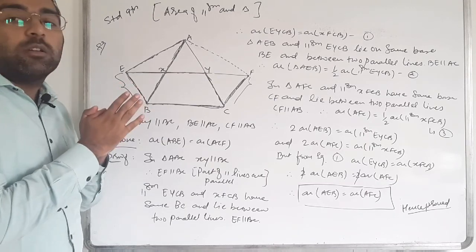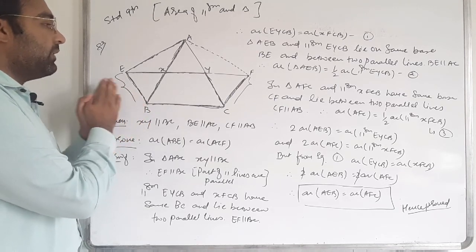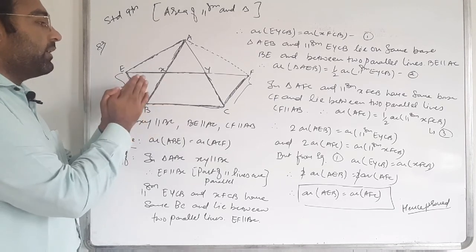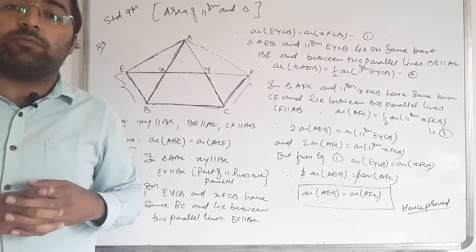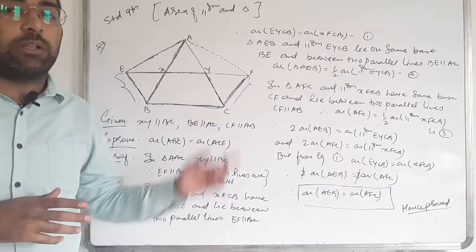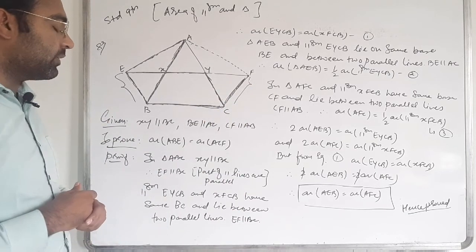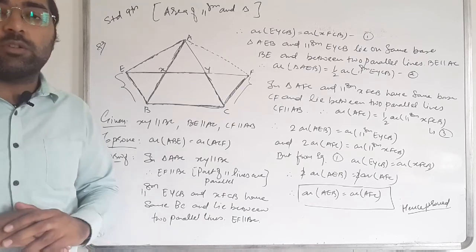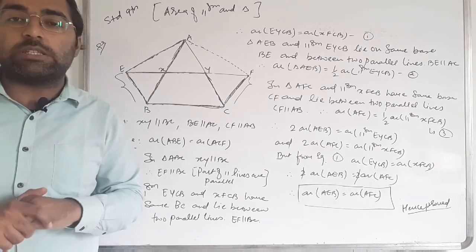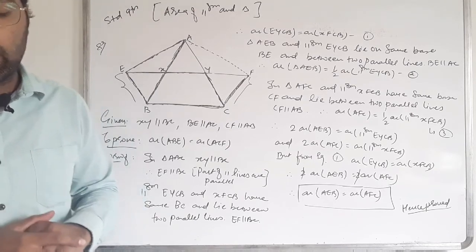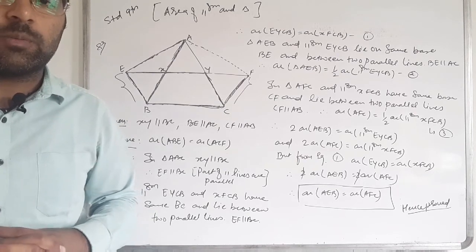When I check the figure, I see that parallelograms EYCB and XFCB are given. From that we prove all the parts. So you must understand which things are given and which are used in the question by the figure.